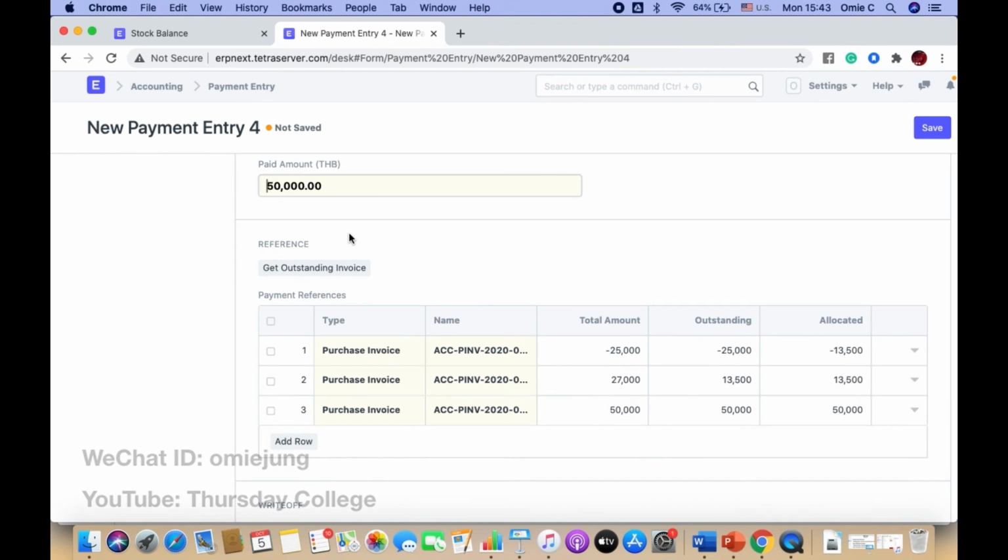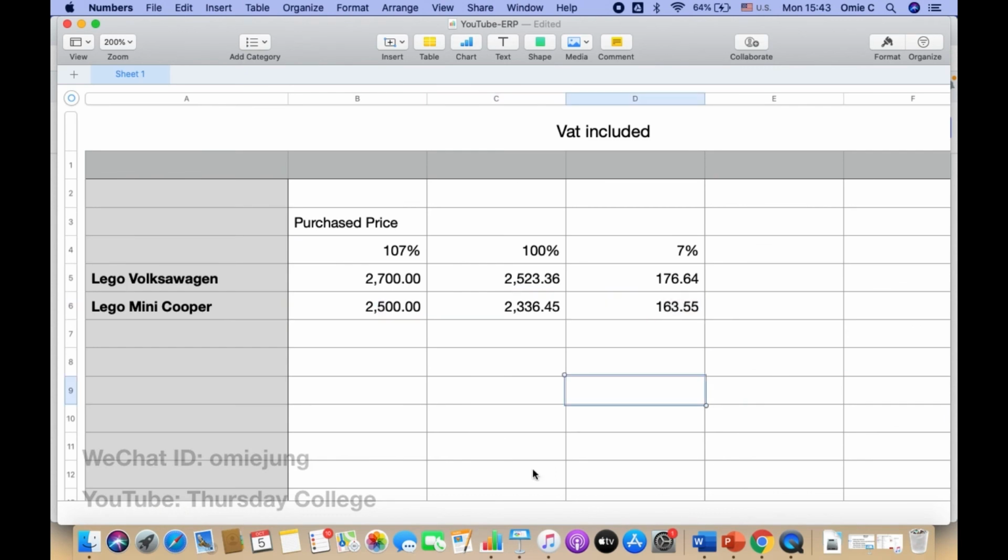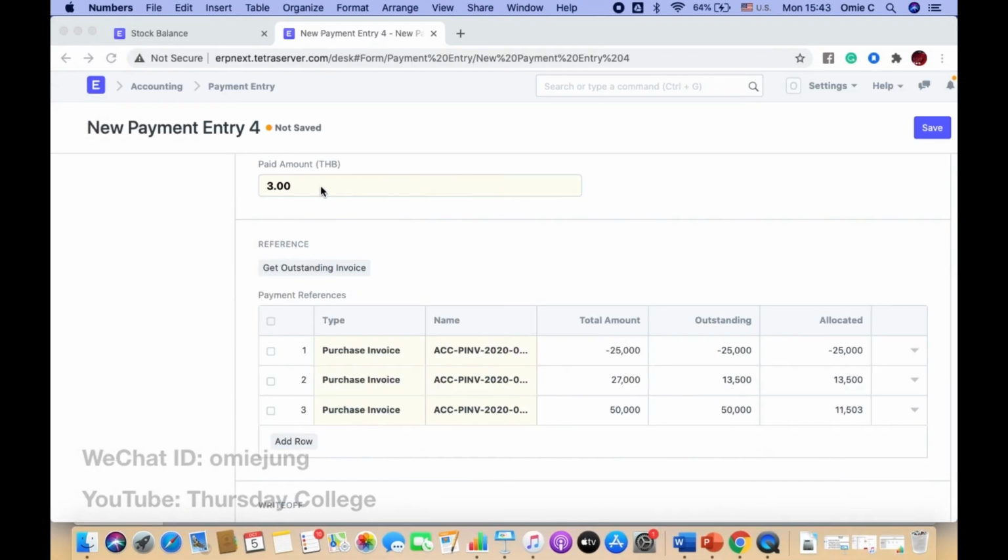So we have outstanding 53515 something, so I just pay only this one. The amount that I suppose to pay, I didn't need to pay all, so maybe I want to pay only half of them, right?